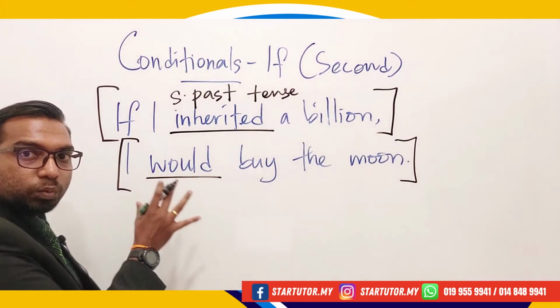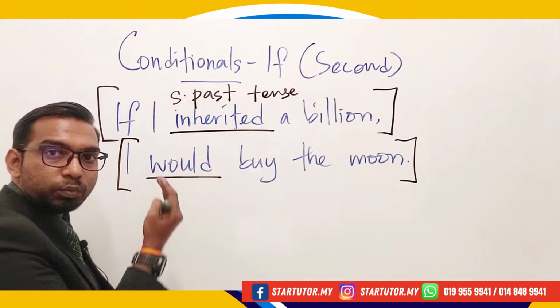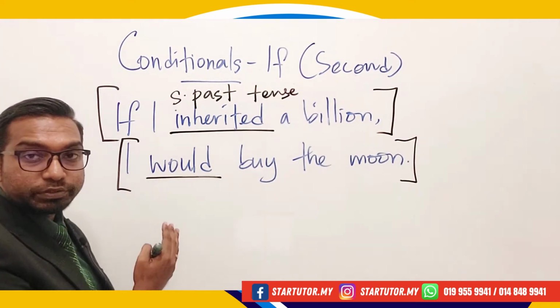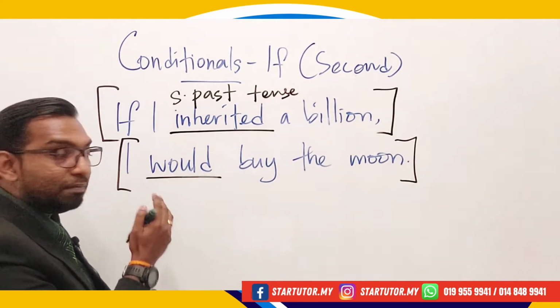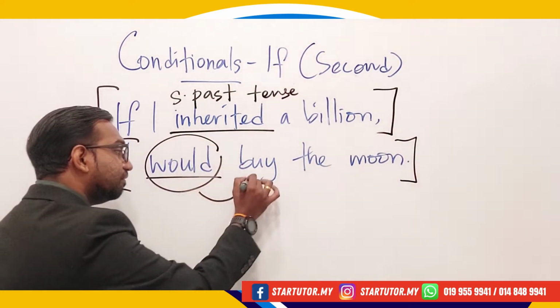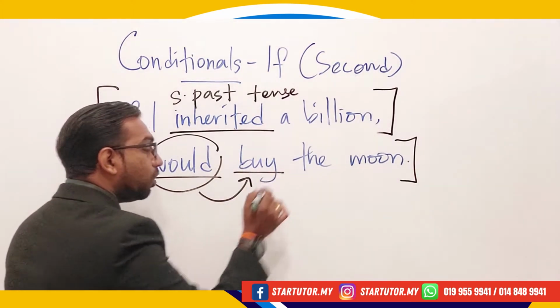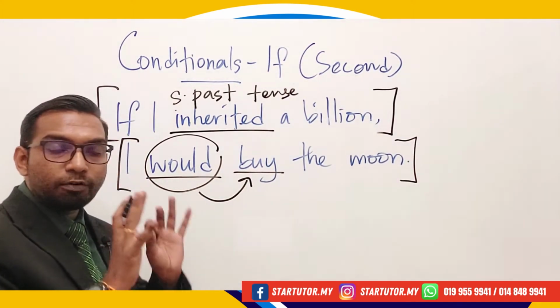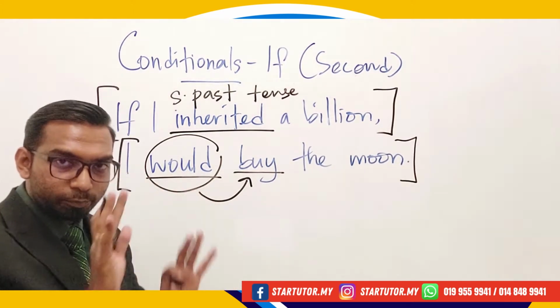we can see the word. What word is this? We call them auxiliary modals. So when you use an auxiliary modal, the verb that follows must always be in root word, regardless of the subject, whether it is singular or plural.